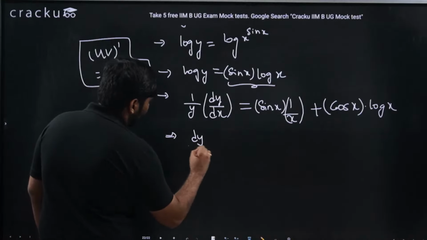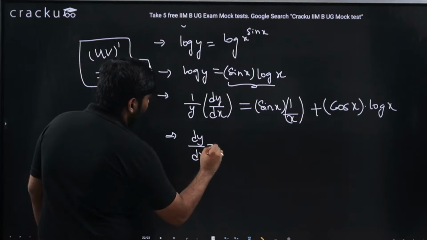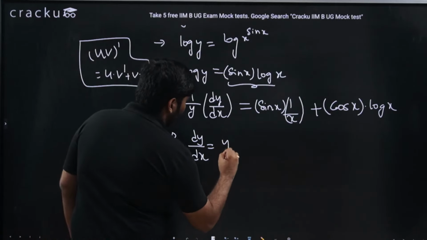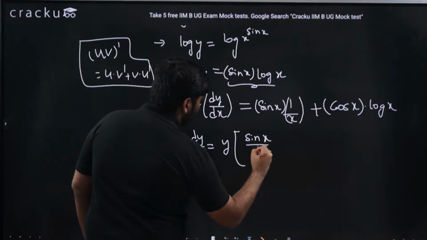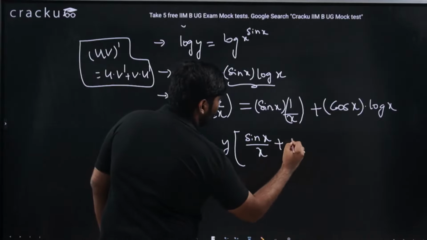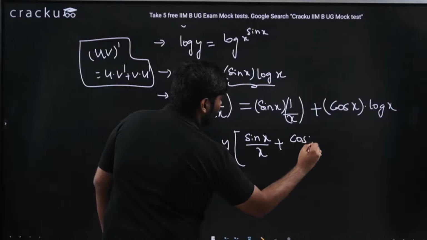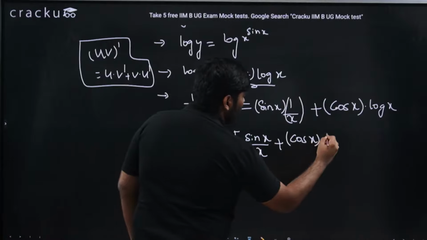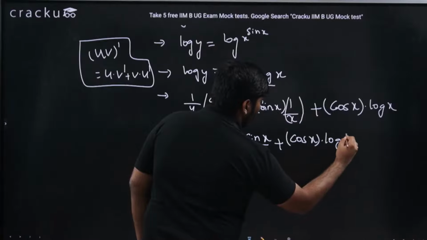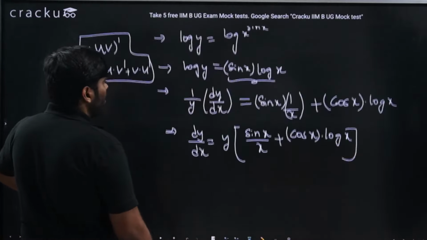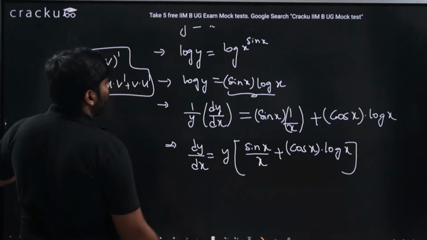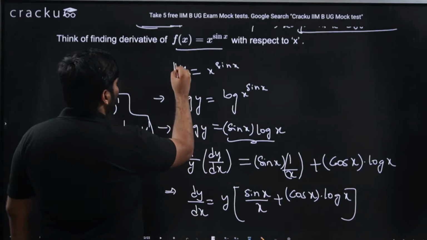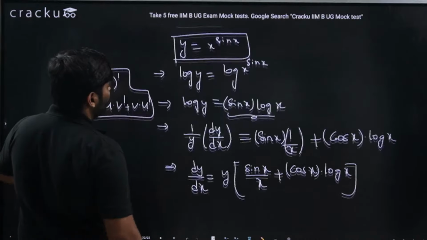So I am getting dy by dx can be written as, I am taking y to the right hand side, y into sin x by x plus cos x into log x. So this is what dy by dx is. I can also write y in terms of x totally, because y is nothing but the given function x power sin x.